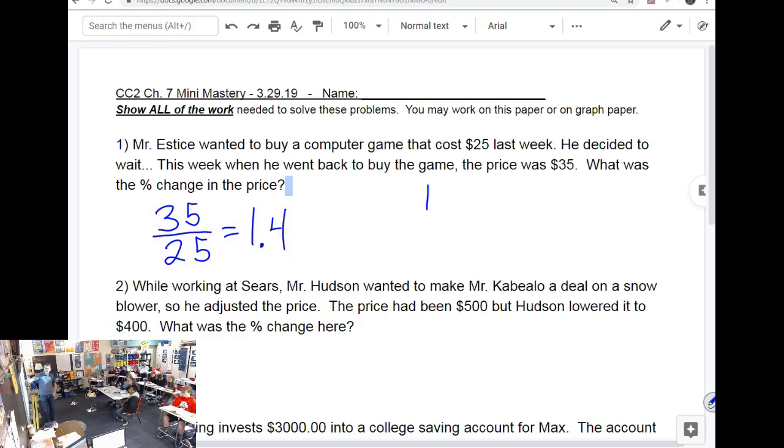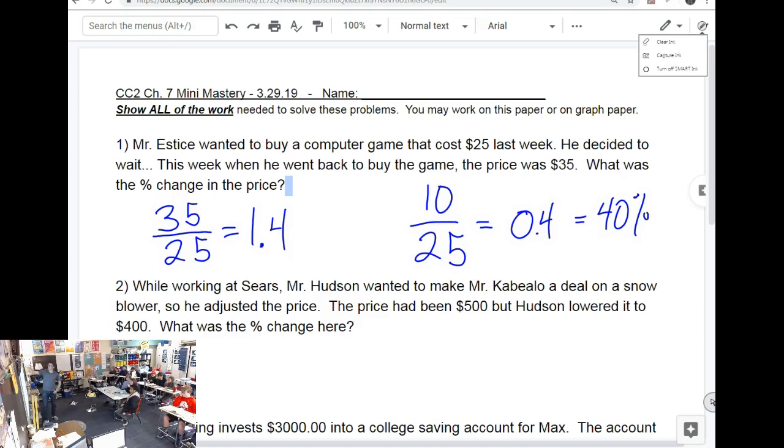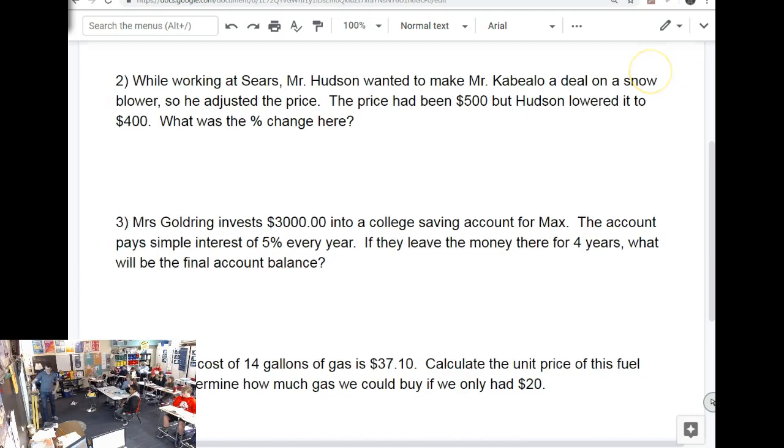Now, if you did this accurately by the way we did it in class, it's the change divided by the original, and that becomes 0.4 or 40%. Same story in number 2, but the price goes down. So if you compare the new price to the old price, you get 80%.